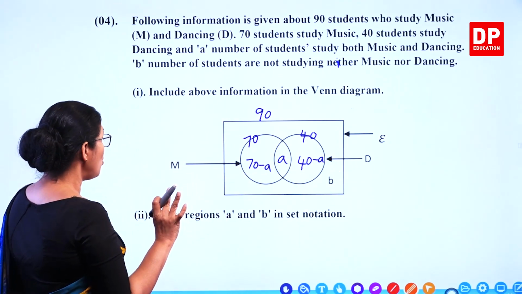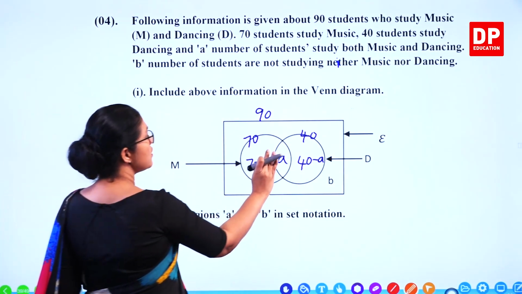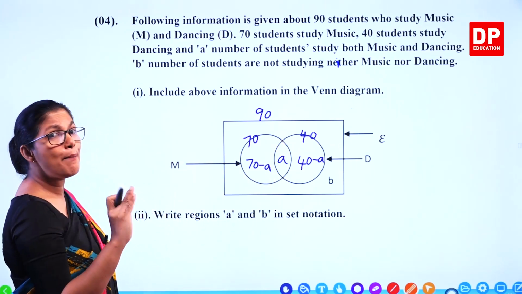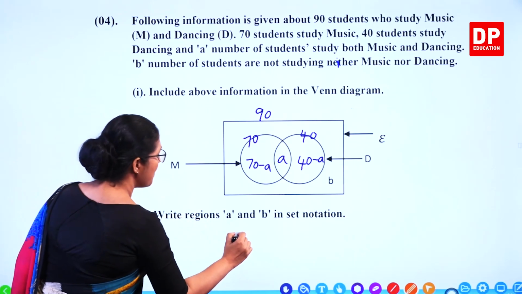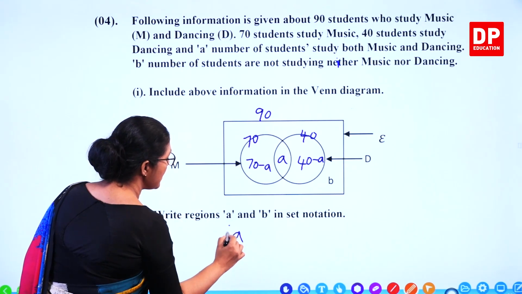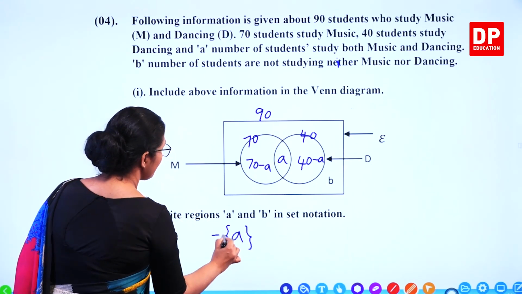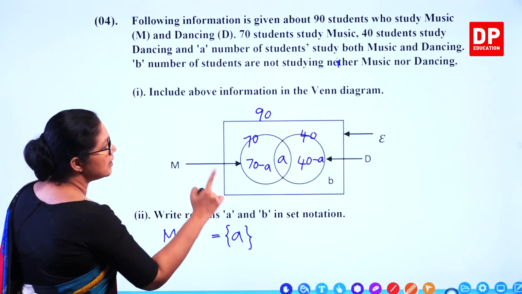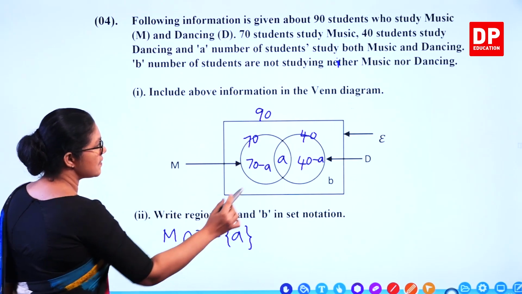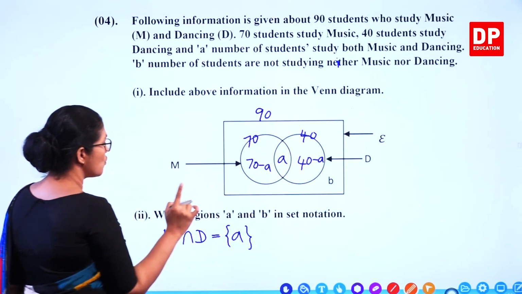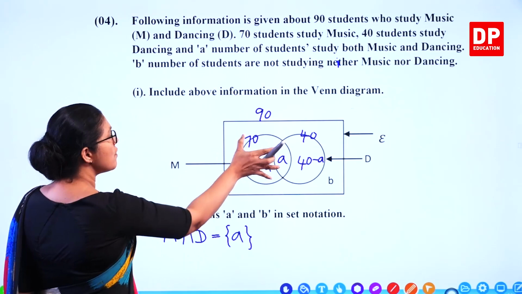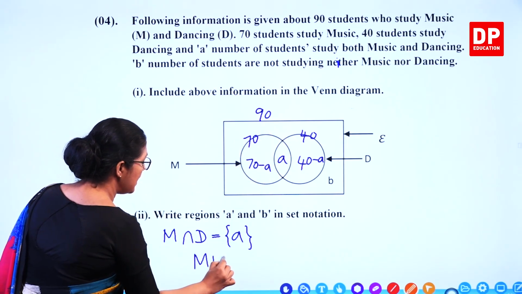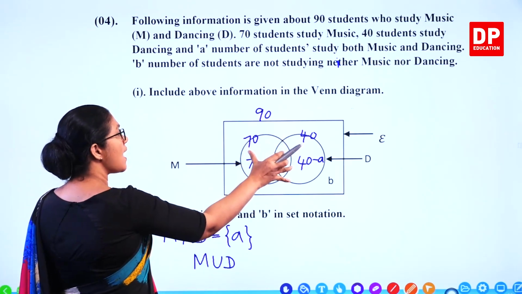Now we need to write down the set notation for A. So A is the common region for M and D. So what's A? You can write A is M intersection D. That's the common region. So what is B? Everything outside the two circles. So M union D is everything inside.